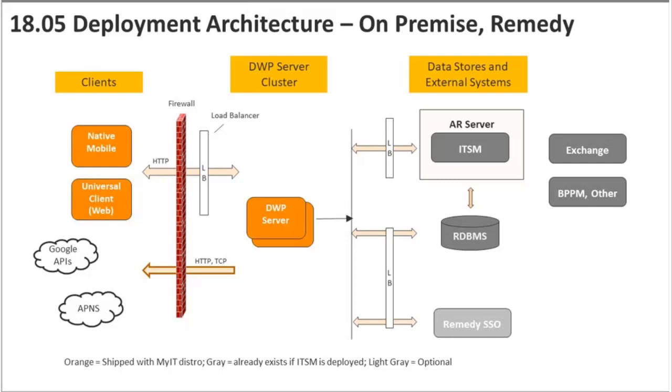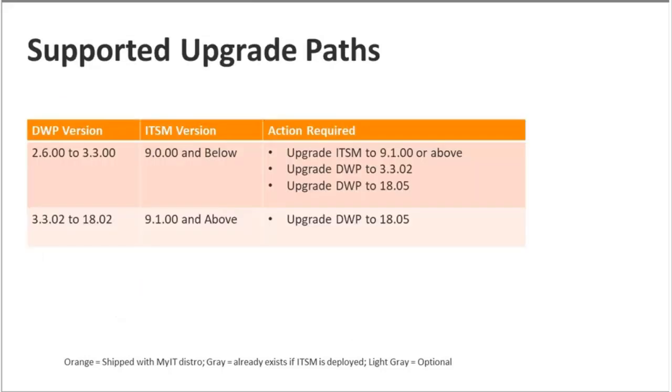However, we do provide backward compatibility if you are doing an upgrade from pre-1805 to 1805. What that means is your UX context will still be retained during the upgrade, so end users who are accessing the web application won't really see it. They'll get a seamless experience. So that's about the high-level architecture from 1805 onwards.